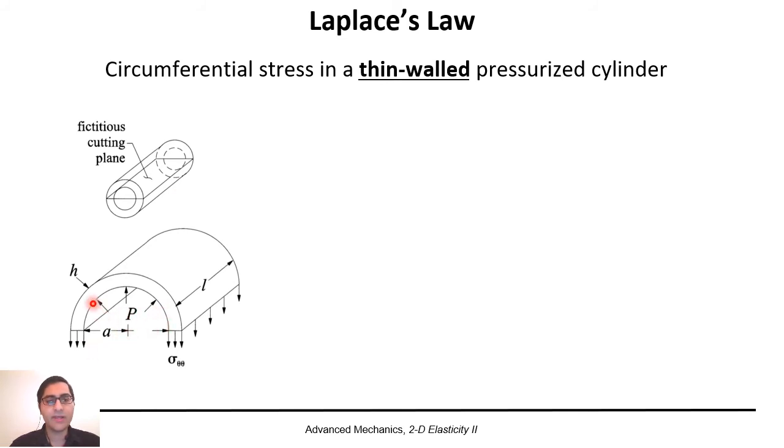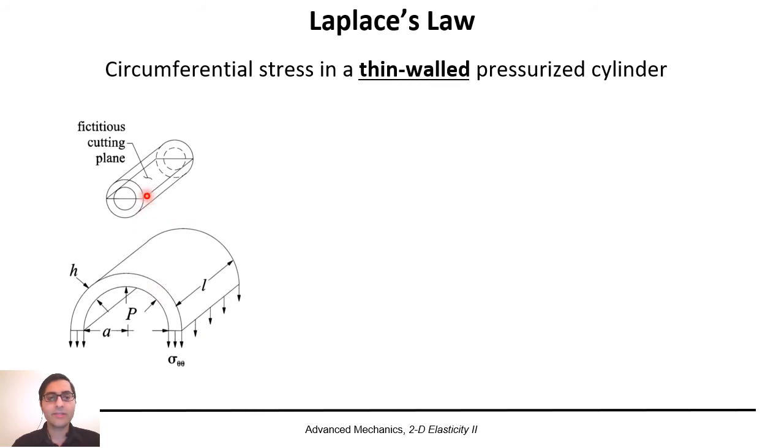As you can see, if there's a pressure inside, or basically a difference between the inner pressure and outer pressure, we can assume that all the force resulting from the pressure inside is cancelled by forces acting on our frictionless cutting plane. And since those forces are in the tangential direction, these are basically sigma theta theta, or circumferential stresses in that cylinder.